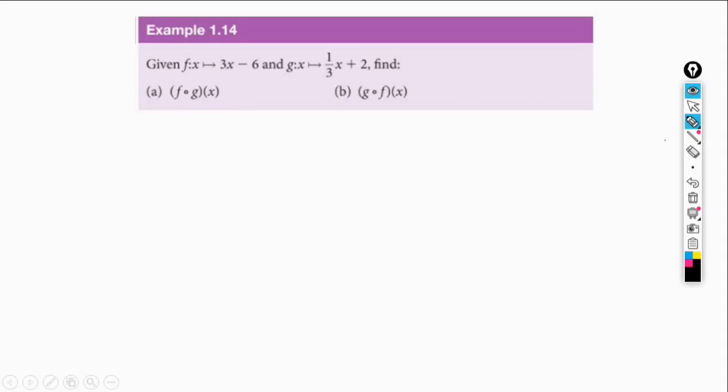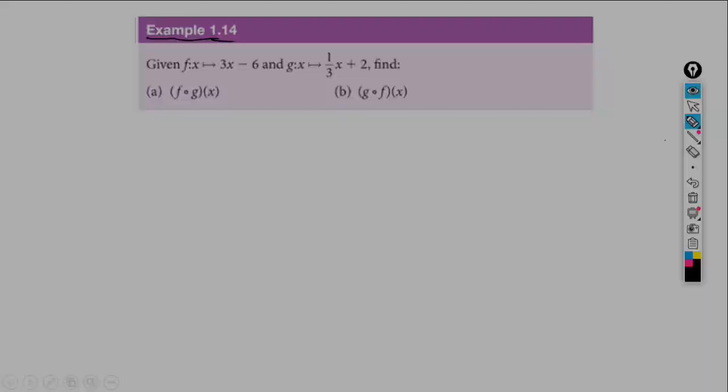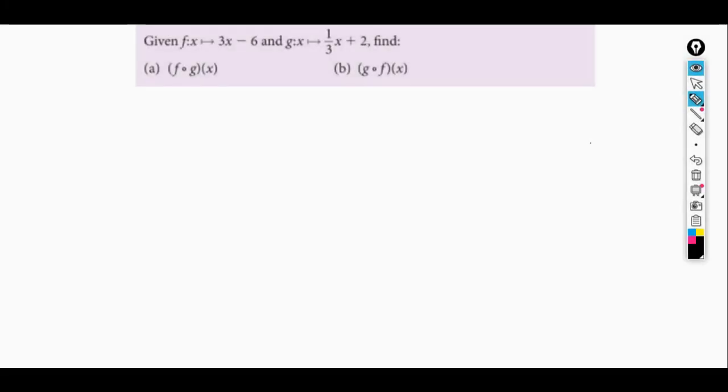We continue with example 1.14. And it says, given the function f such that x maps into 3x minus 6, and the function g such that x maps into 1/3 x plus 2, find a, f of g of x.